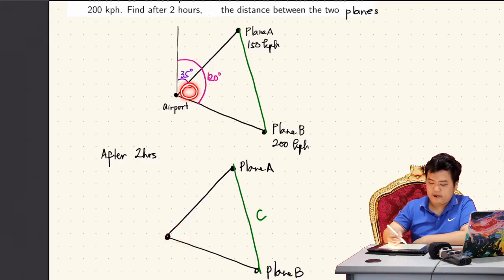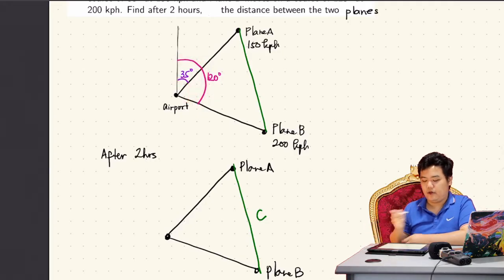So, yung angle sa loob ng triangle ay, so if this is 125, this is 35. So, you subtract them, makukuha mo yung angle sa loob.